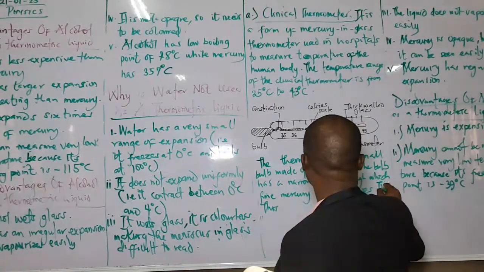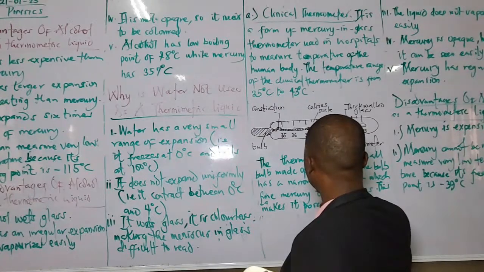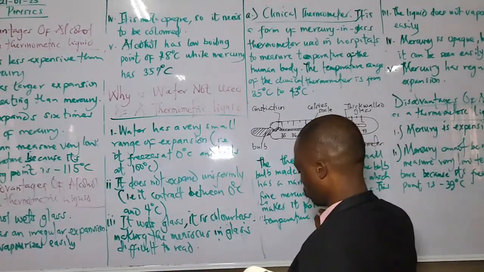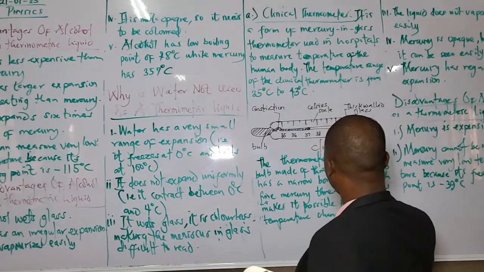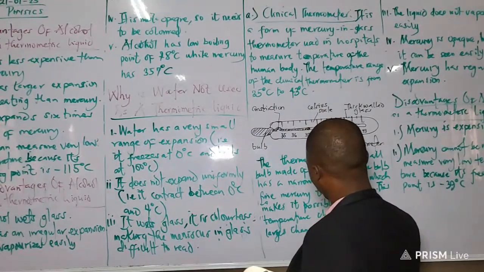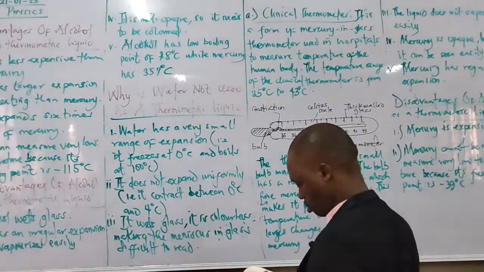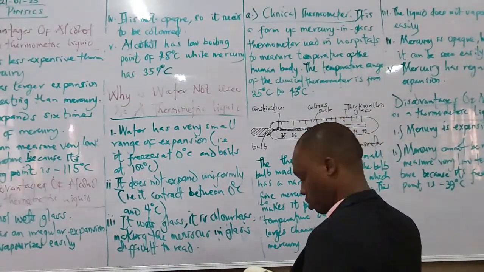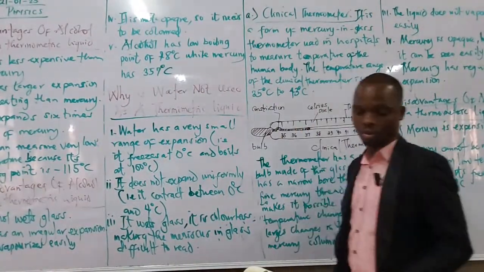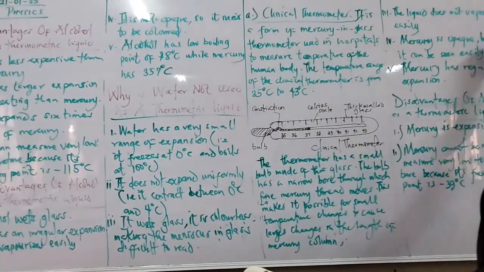This makes it possible for small temperature changes to cause large changes in the length of the mercury column.